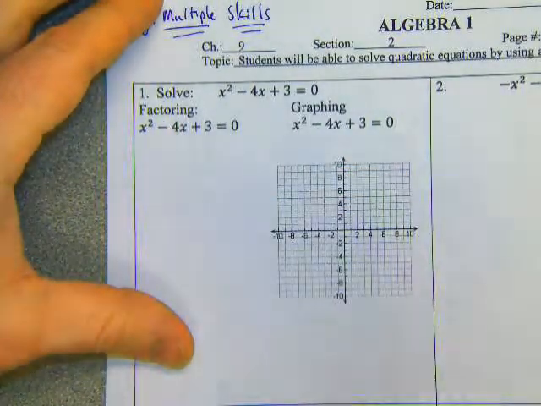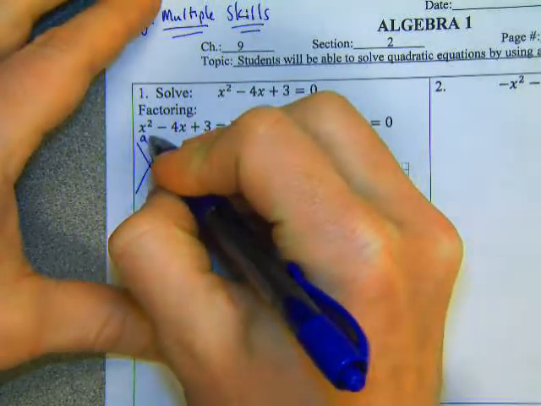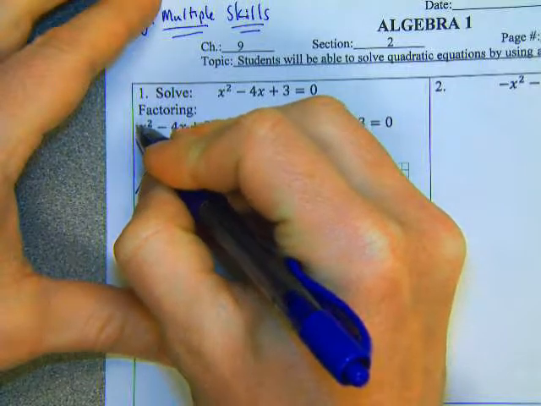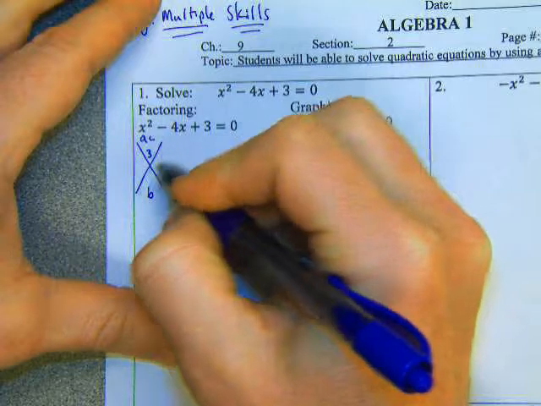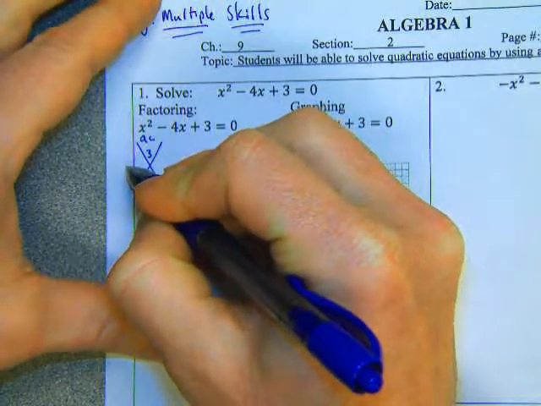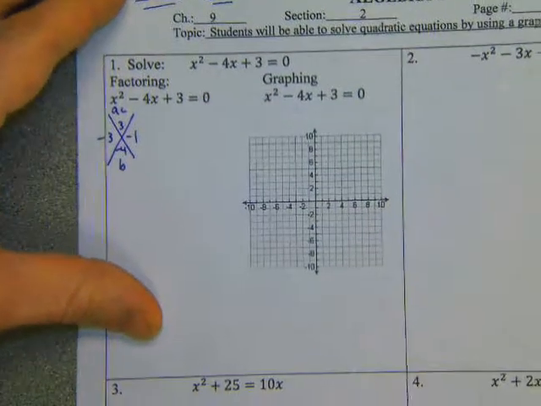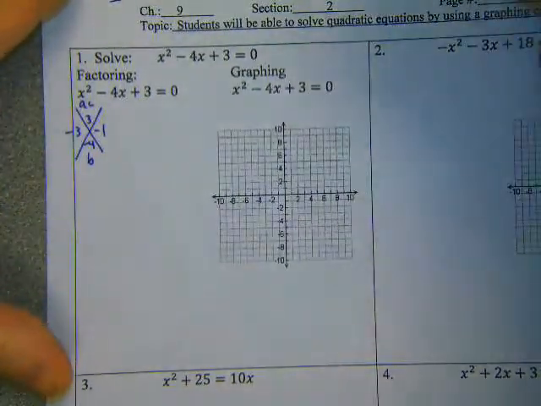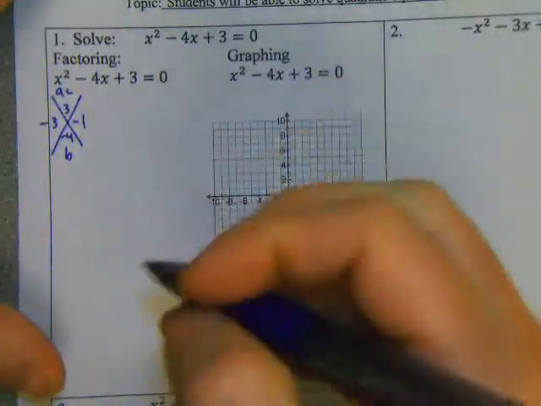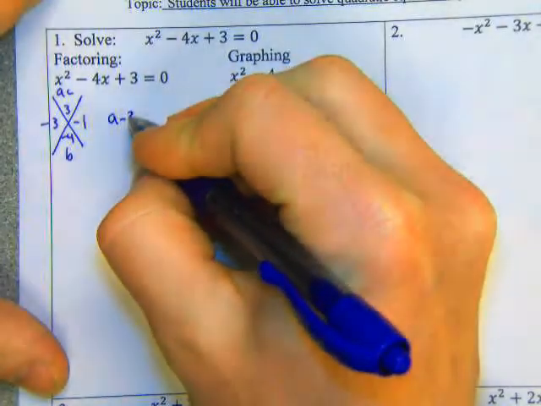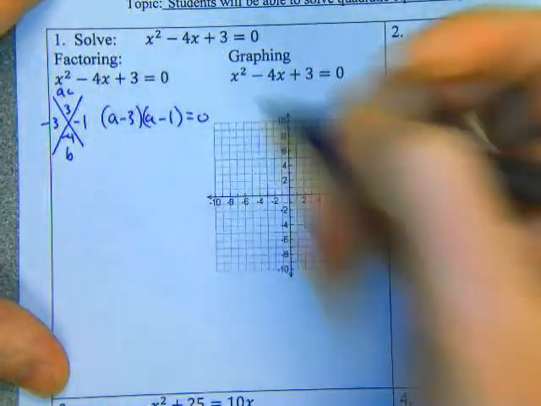Solve by factoring. Okay, so diamond: A, C, and B. A is 1, C is 3, so I get 3. B is -4. Pretty sure that's going to get me -3 and -1. I just use that because A is 1, so I get (a - 3)(a - 1) = 0.